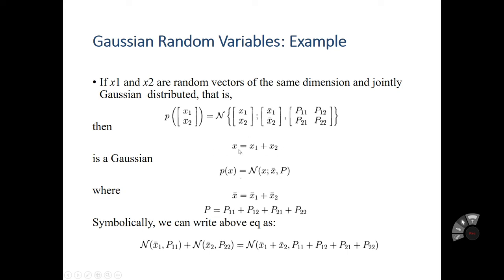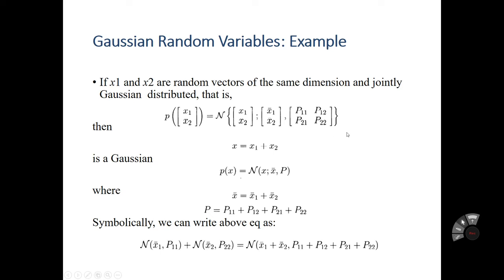So this is the Gaussian. x1 plus x2 is a Gaussian. P of x equals normal x dash and P. So suppose in this, x equals x1 and x2, x1 plus x2, and this means x1 dash and x2 dash, and this P is a vector, sorry, a matrix.